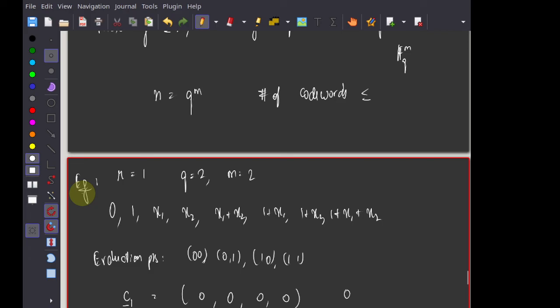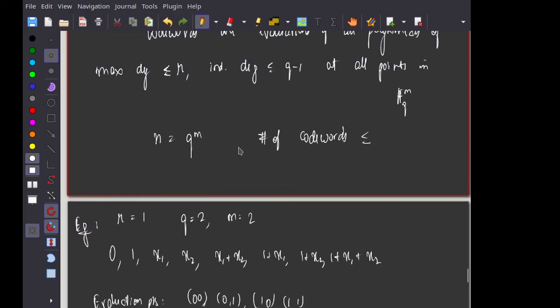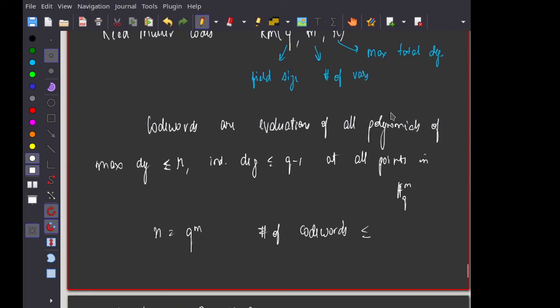Now it turns out that finding the exact number of code words is in general very hard. In certain regimes you can get a closed form more easily, but otherwise it's not straightforward. And why is that? What is the number of code words equal to?